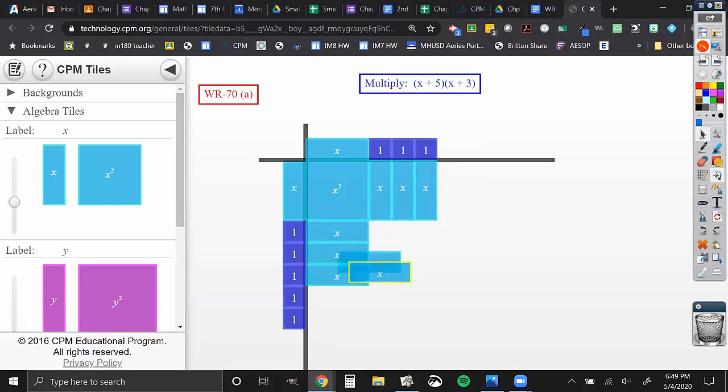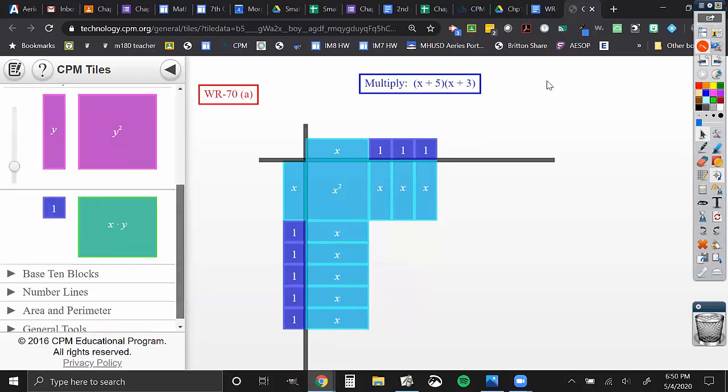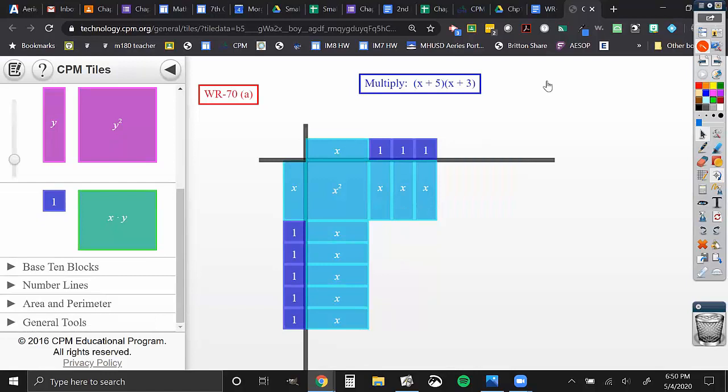1, 2, 3, 4. And then in here, I need a whole bunch of those little unit tiles because in there, I've got 1 by 1. See this area? Length is 1, the width is 1. There's a little tiny one right here, so I need 15 of these.